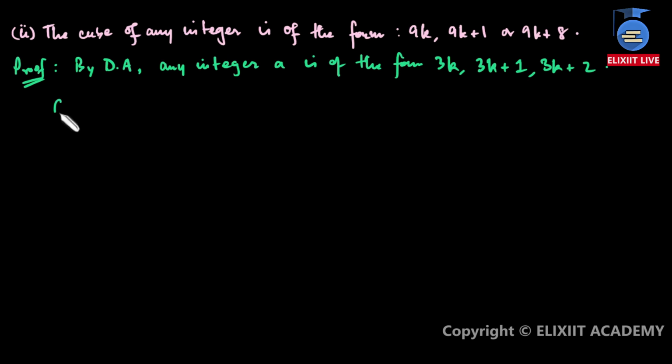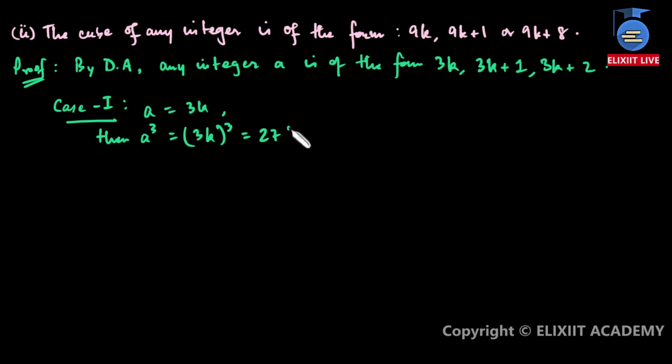Again, similarly, case 1. Here they have asked for the cube, so you have to cube this. If a is equal to 3k, then what is a cube? 3k whole cube, which is 27k cube, which is 9 into 3k cube, and that is 9 into capital K, which is a multiple of 9.